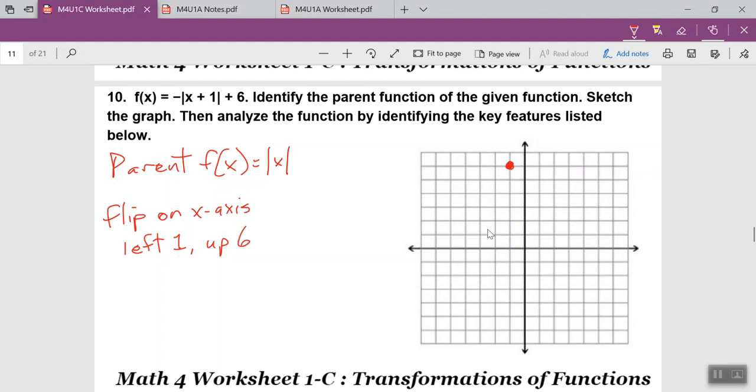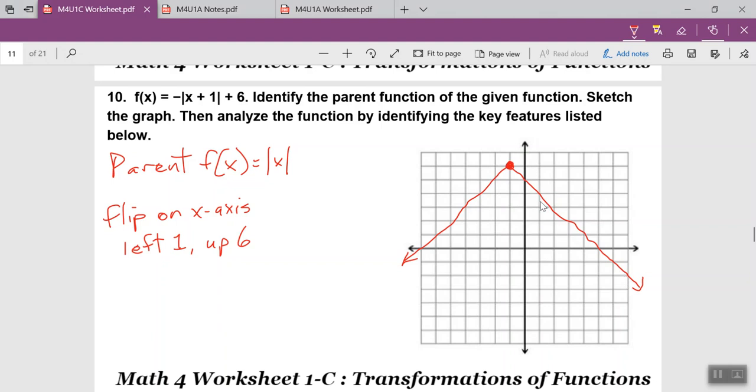Your typical parent function for absolute value is going to go diagonally through the corners of the boxes. Not quite so easy drawing with this tablet and stylus, but anyway, that's what it should look like. It should look like a slope of 1 and slope of negative 1 on either side of this.